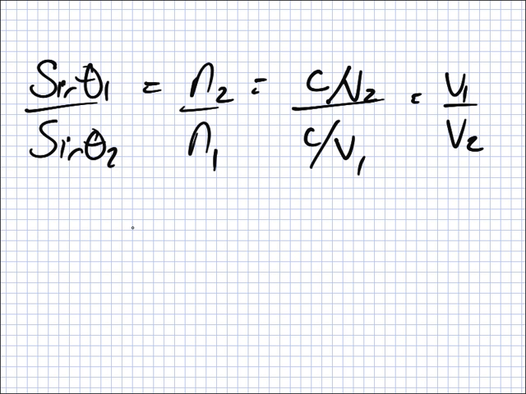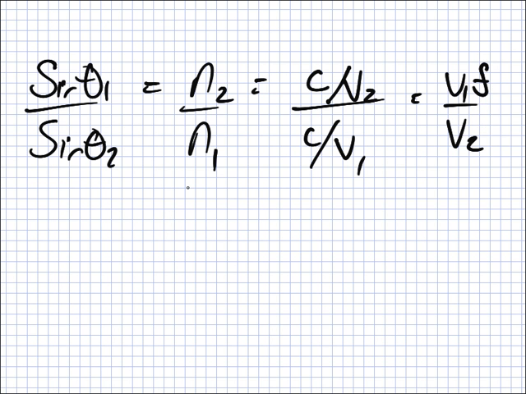Alternatively, if I want to introduce the lambdas, how do I do that now? If I multiply this by F1 and this by F2, I'm allowed to do this because the F's are the same. They cancel. No, I did that wrong, didn't I?